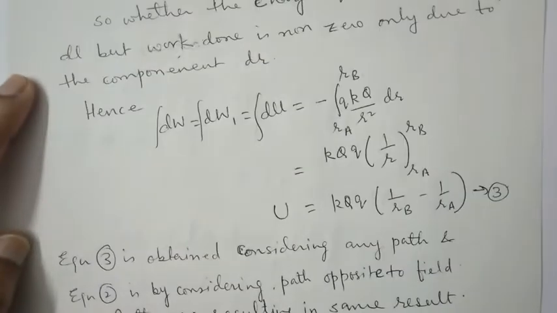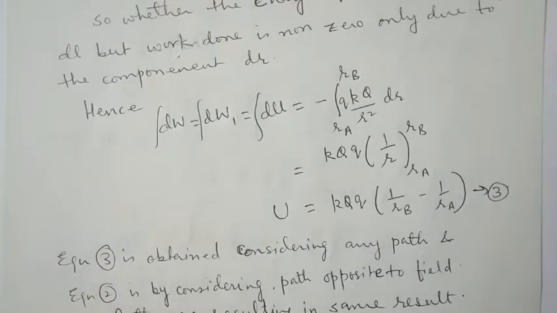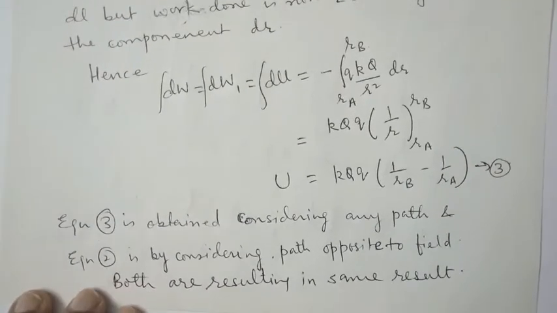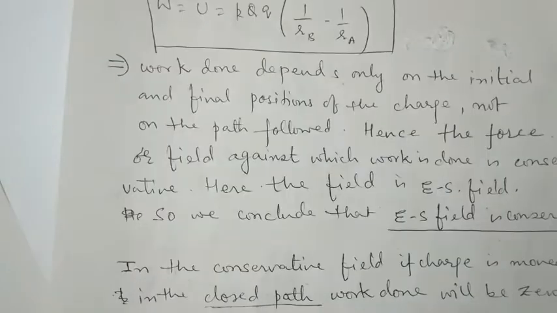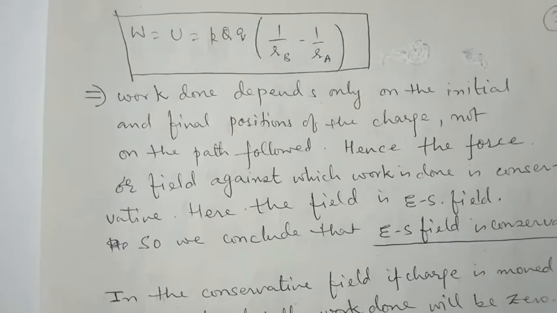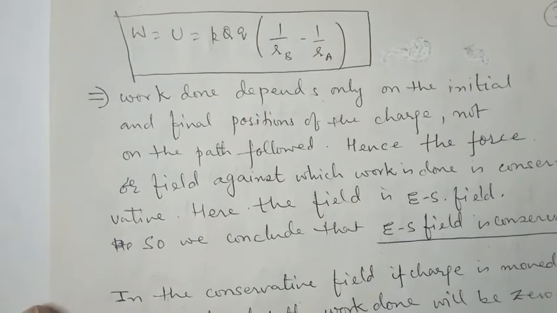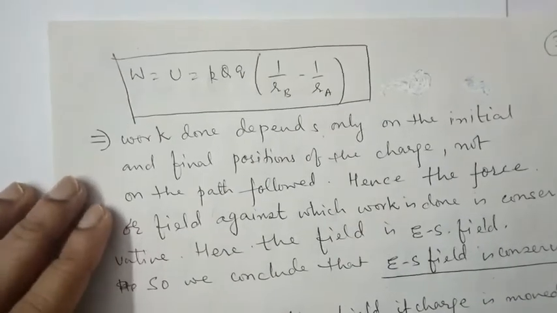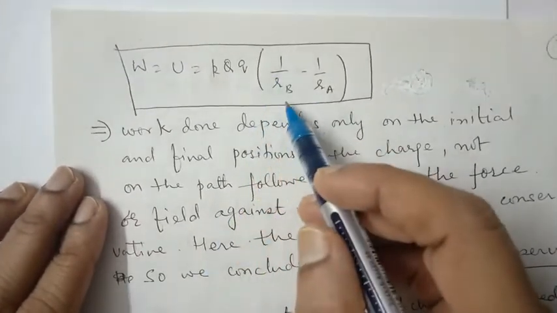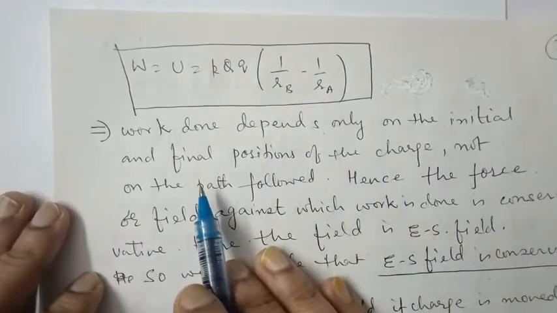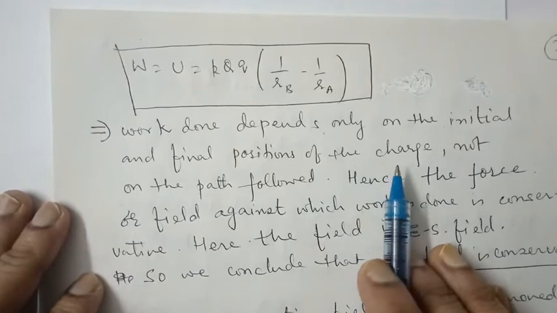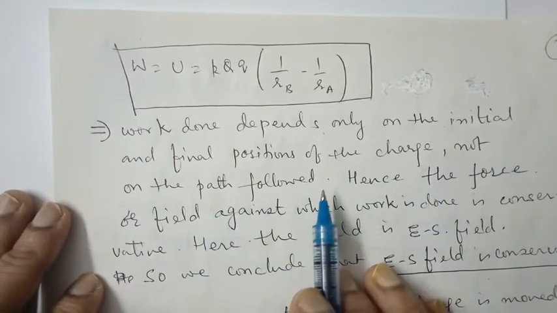It depends only upon the initial and final positions. So whatever is the path followed, if I consider the work done to be KQq (1 upon rB minus 1 upon rA), this work done depends upon the initial and final position of the charge, not on the path followed.